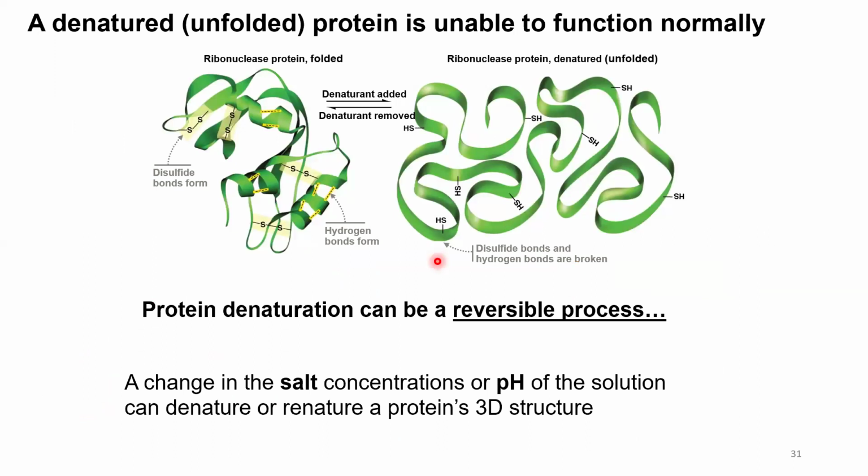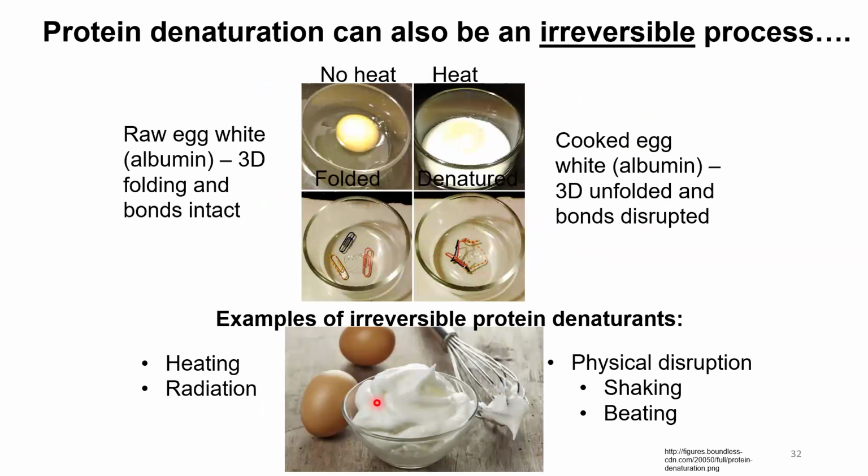And in some cases with these unfolded or denatured proteins, what happens is they can't function normally, but it can be a reversible process depending on the nature of how it was denatured. So if it's a change in the salt concentration or pH, it can denature or renature the protein structure, but other times it's not reversible.